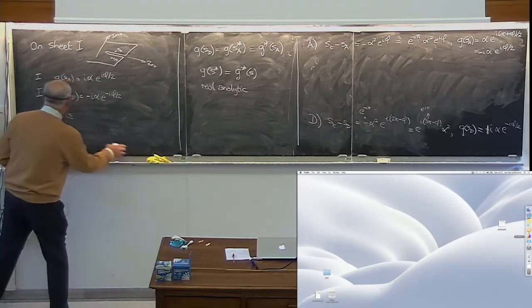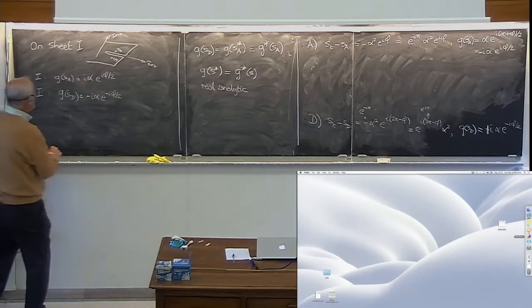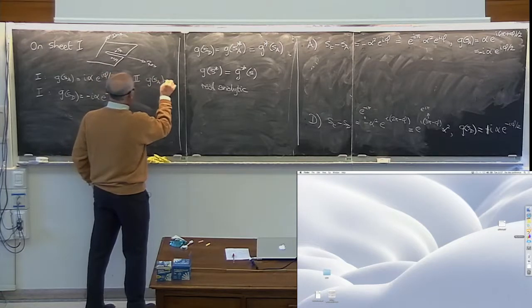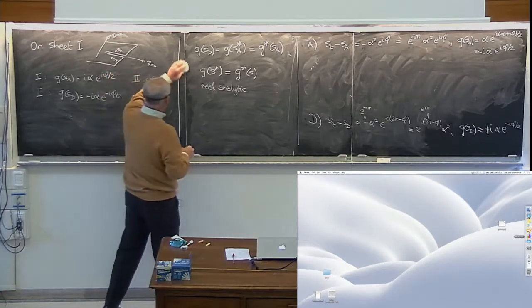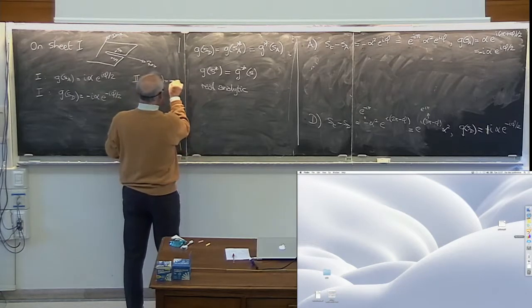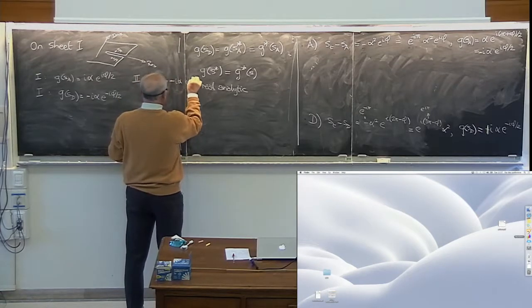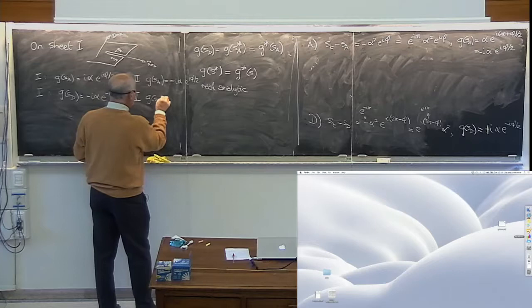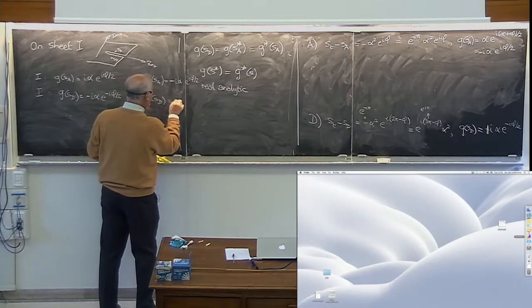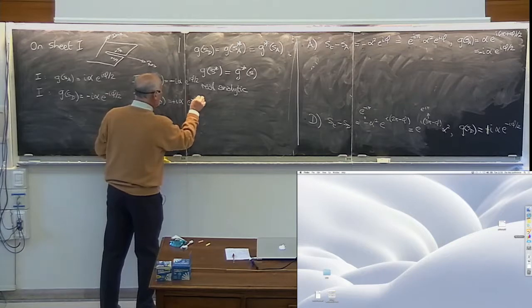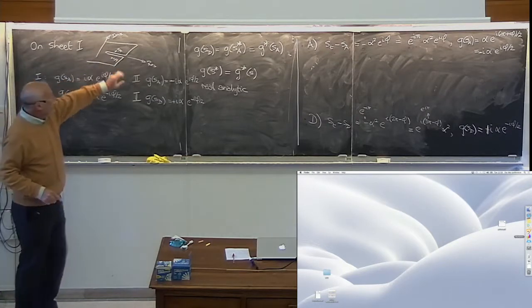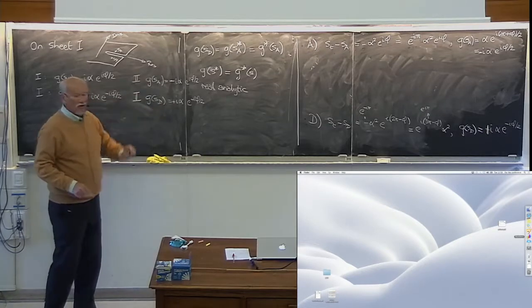On sheet 2, G of S_A equals minus I alpha e to the I phi over 2, and G of S_D is equal to plus I alpha e to the minus I phi over 2. So on each sheet, the function has a discontinuity. The value at A and D are not the same.